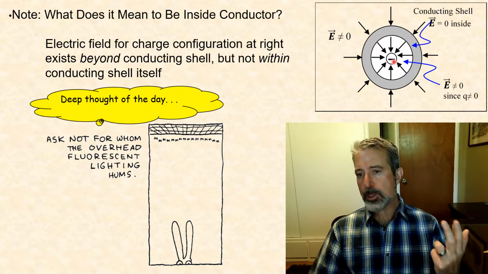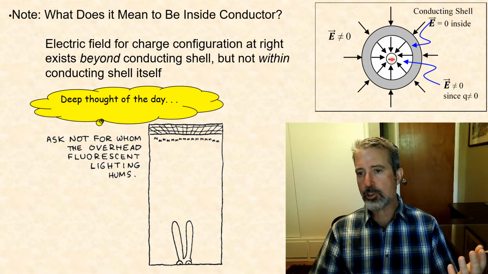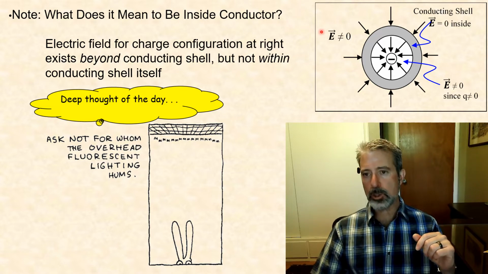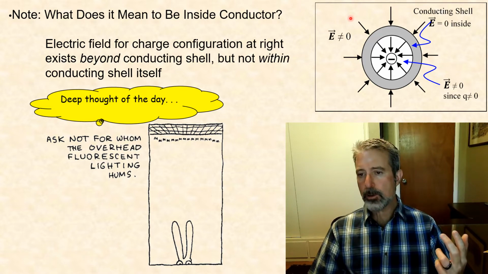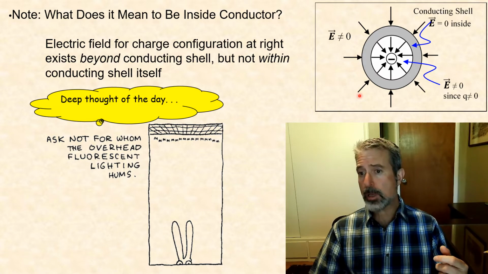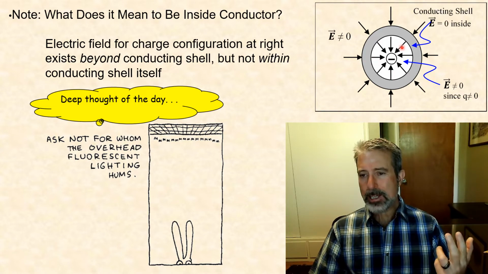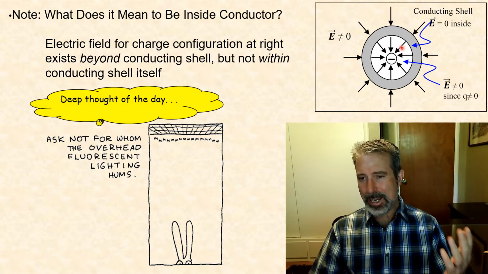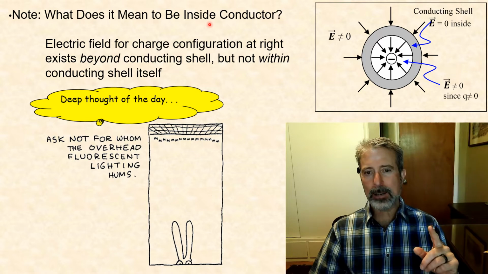Inside, in the very center of that conductor, there happens to be a negative charge, and obviously we have some charges I'm not showing you outside. There's an electric field in the region outside of the conductor. When I talk about this region, you may say, oh, that's inside the conductor. I get that, but that's not what we're talking about here when we say inside a conductor.